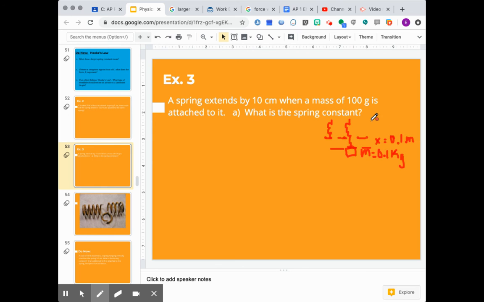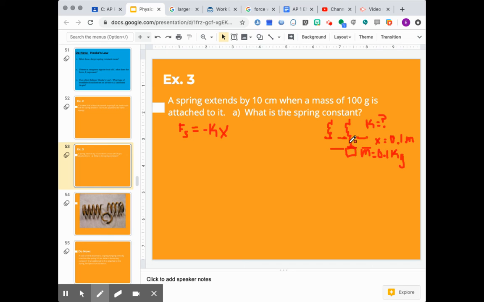We need to find the spring constant K. In order to find the spring constant, using Hooke's law, we know that the restoring force, or the force applied to the spring, must be equal to negative K times X. We're asked to find K. We have X. In order to use Hooke's law, we first need to determine what the restoring force is.